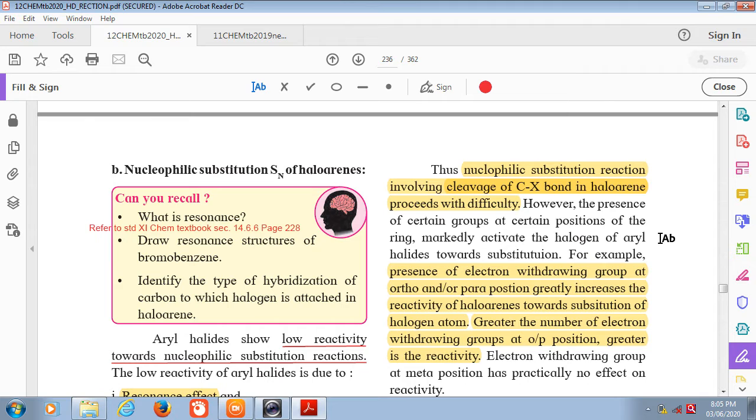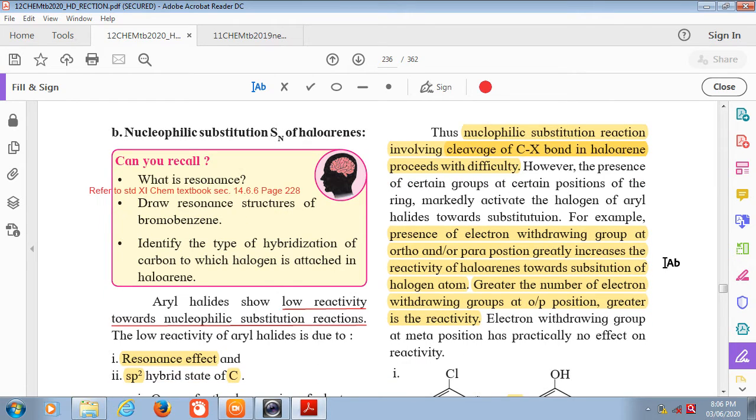The halogen of aryl halide increases the electron density, that's why it is called an activator, and it activates the ring towards substitution. The presence of an electron withdrawing group at the ortho and para positions increases the reactivity of haloarene towards substitution of the halogen atom.